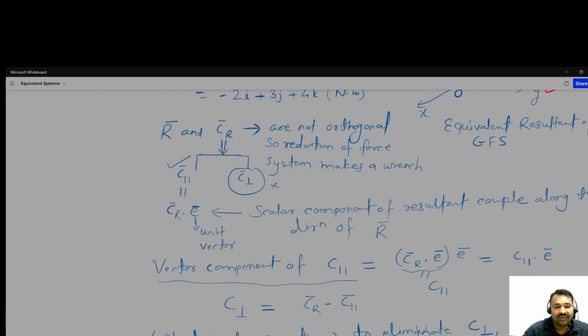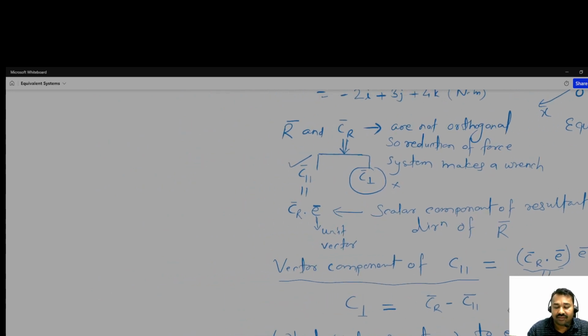Starting with the scalar component, how do we get it? Before that, the unit vector E is equal to the resultant divided by its magnitude.